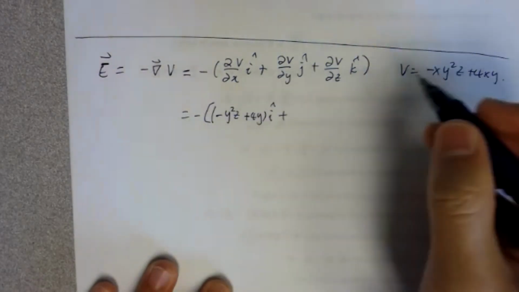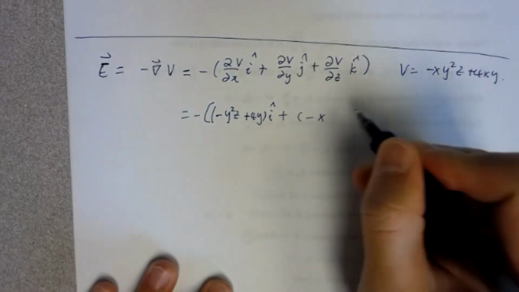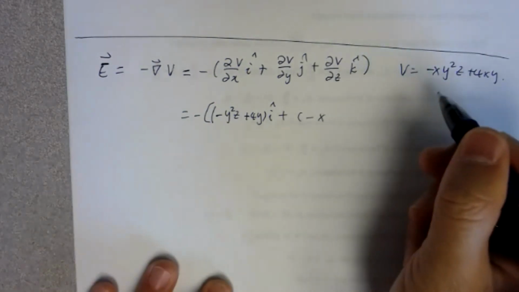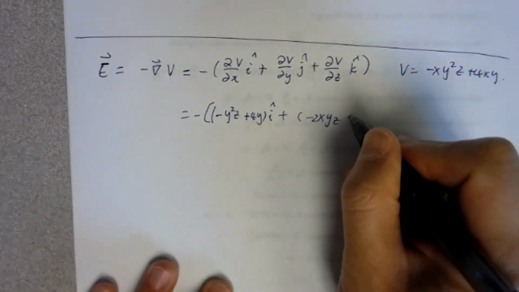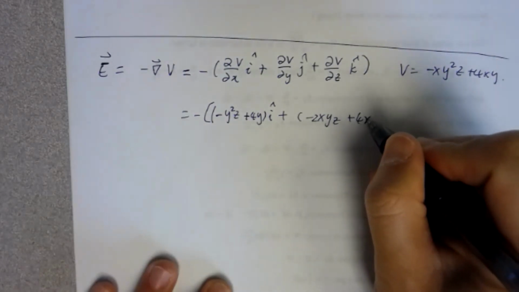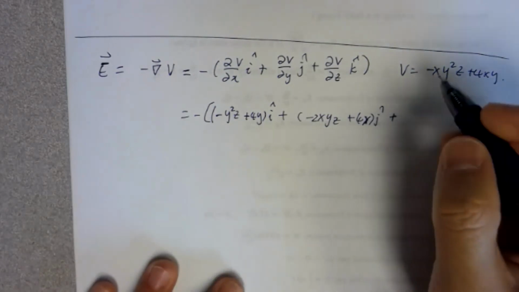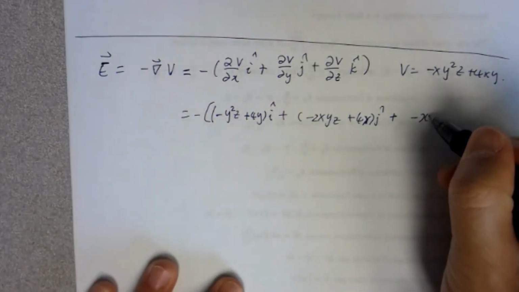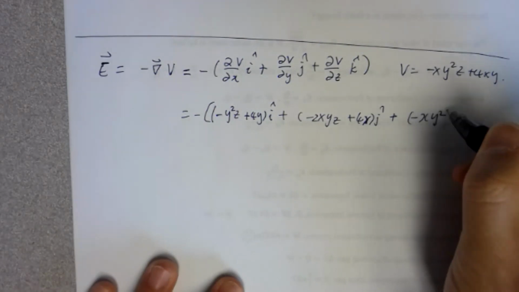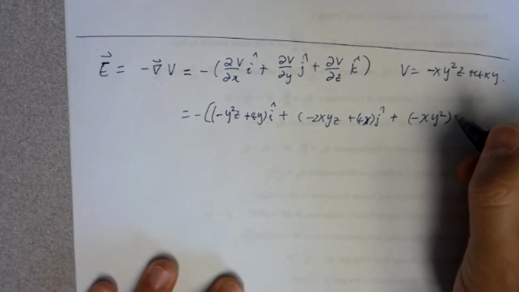The second one, partial V over partial y, gives you minus x, y squared becomes 2y, so minus 2xyz plus 4x in the j direction. Plus partial V over partial z, which is minus x y squared only, since the second term does not have z, so it's 0, in the k direction.